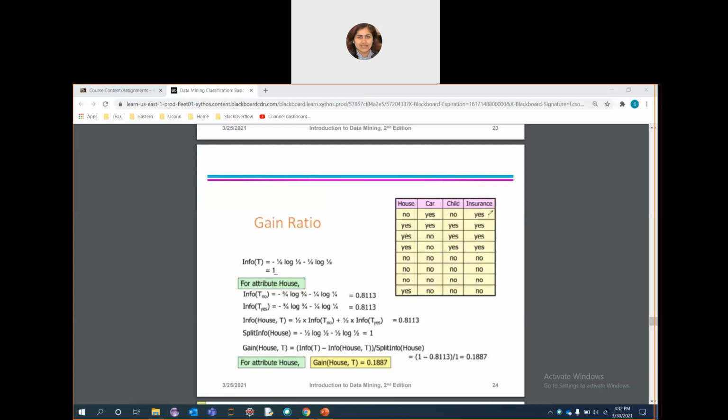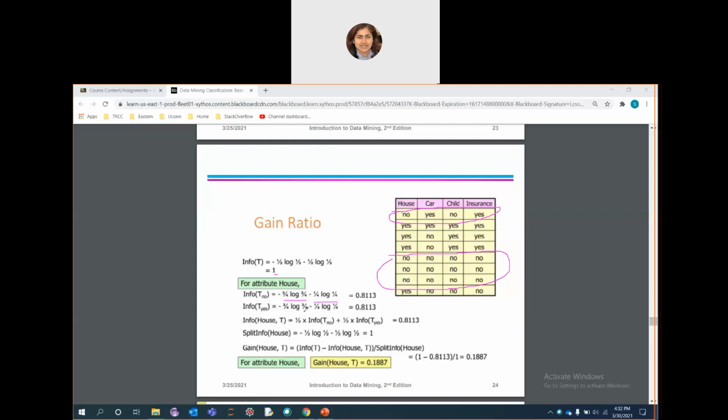So step by step, we will see the entropy of the no first. So this is one no and here is one no. Okay. So total 4 no's. Out of 4 no's, we have 3 associated with no and 1 associated with yes.